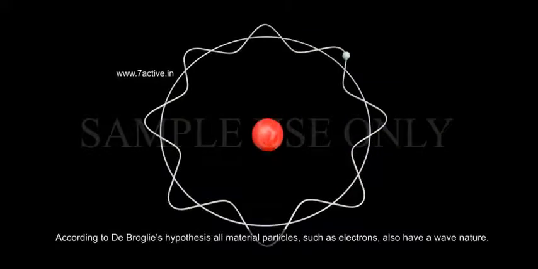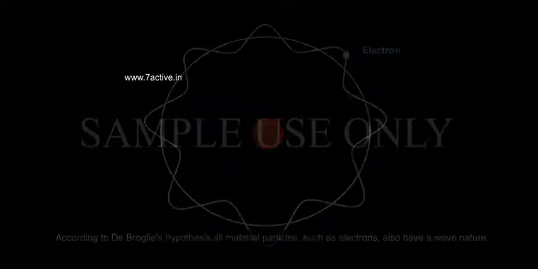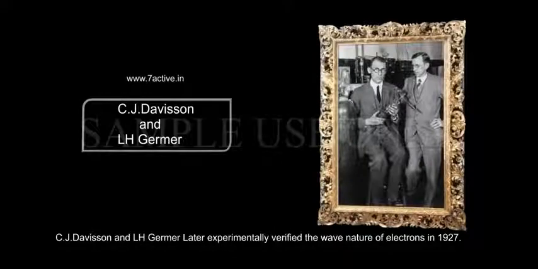According to de Broglie's hypothesis, all material particles, such as electrons, also have a wave nature. C.J. Davisson and L.H. Germer later experimentally verified the wave nature of electrons in 1927.